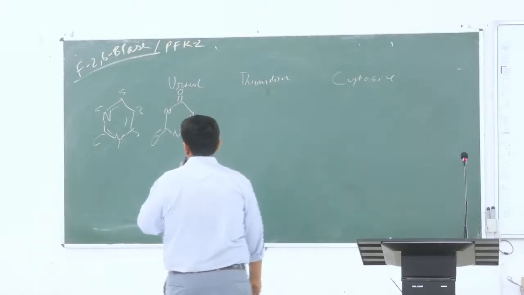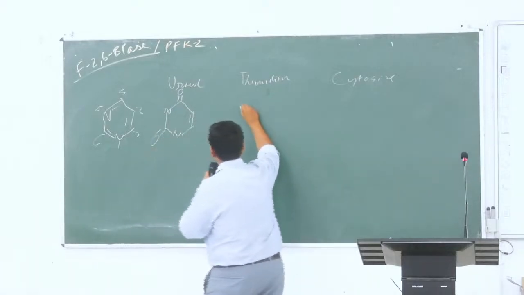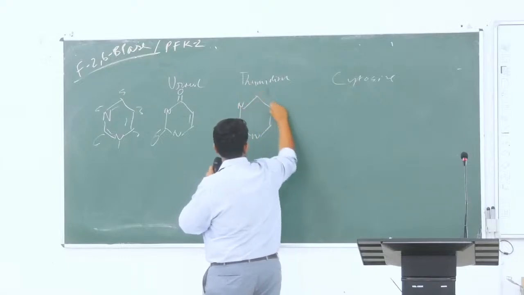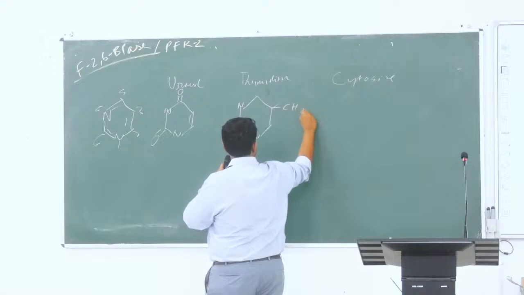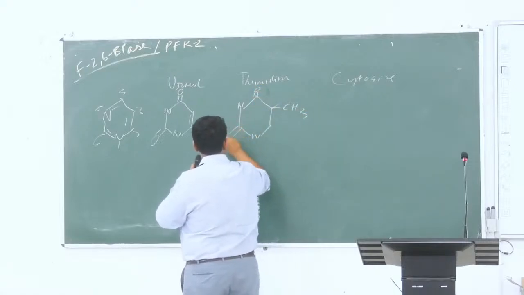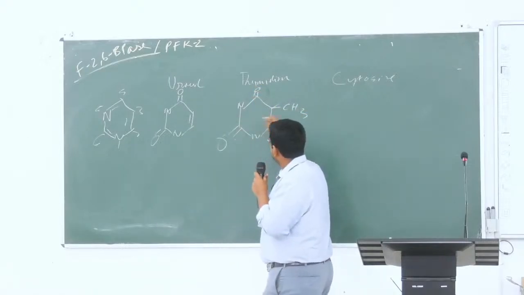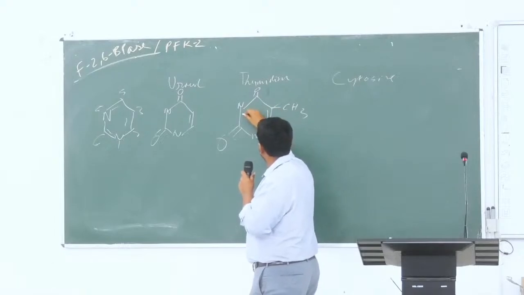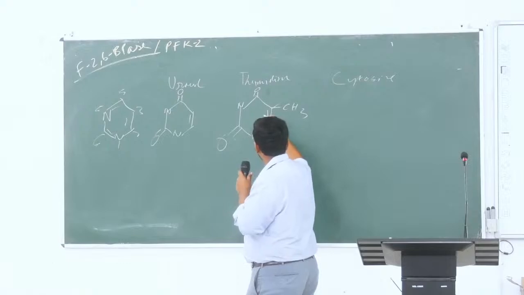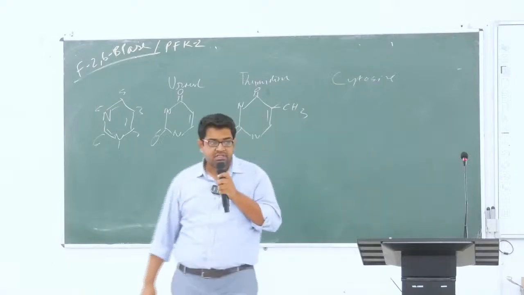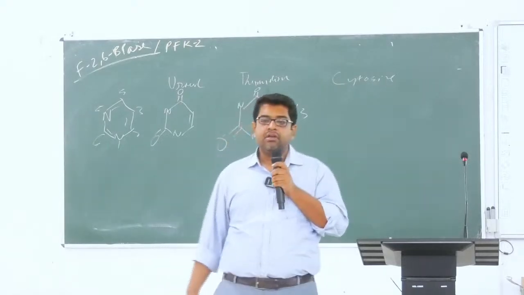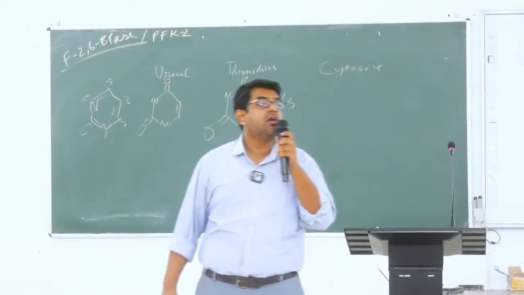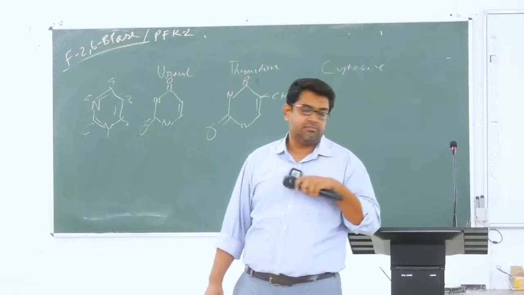Now put a methyl group at the third position. So a methyl dioxopyrimidine is your thymine.